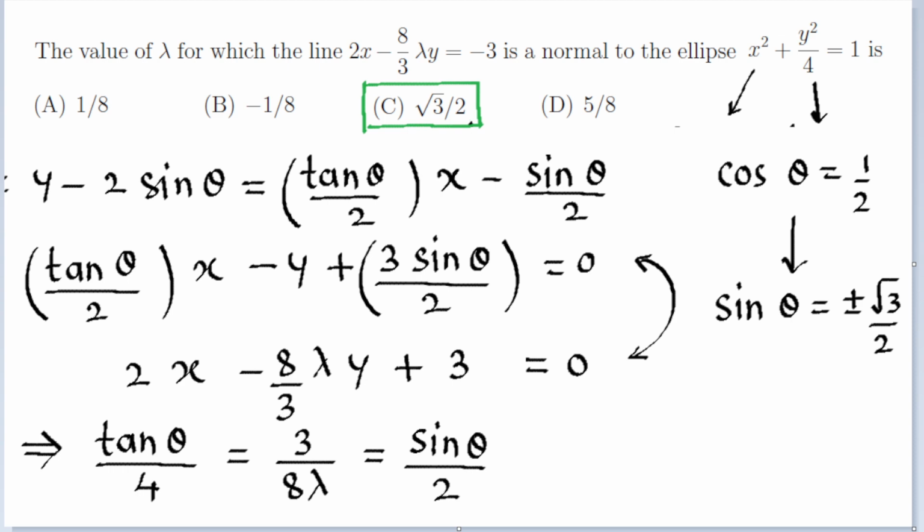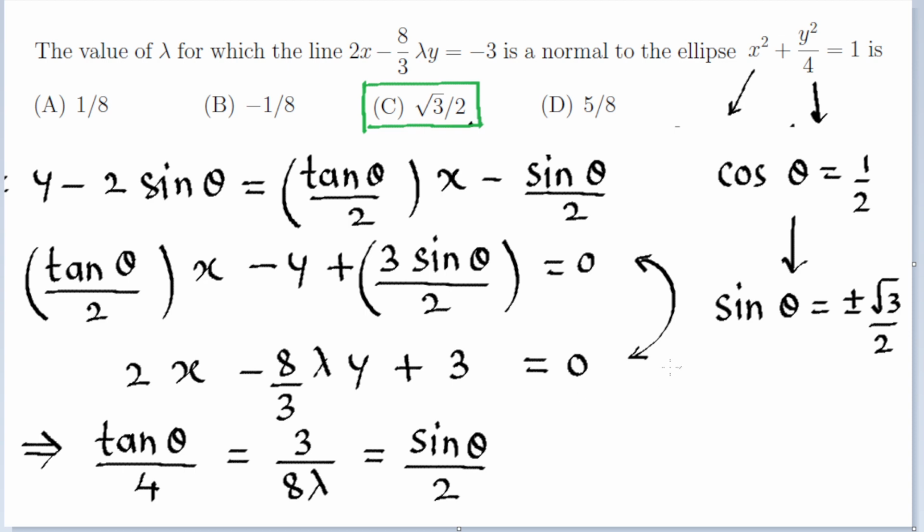Alright, so basically the question is which of the following is one of the values, not the only value. So we have to remember that there is another possible value also for lambda. Just to clarify that, although we got sine theta as root 3 by 2, how come lambda is also the same? So we will just put the value of sine theta in the last part.